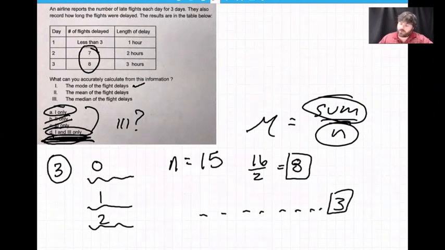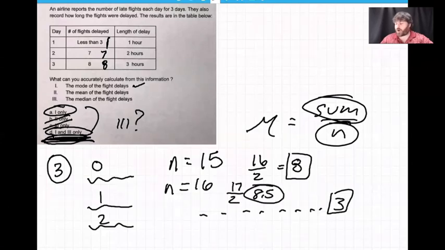Okay? Now, what if there was only one 1-hour flight? That would mean that there's a 1 here, and 7 and 8. That means the number of data points is going to be 16. That means that I do n plus 1, 17 divided by 2. The 8.5 number will be my median.